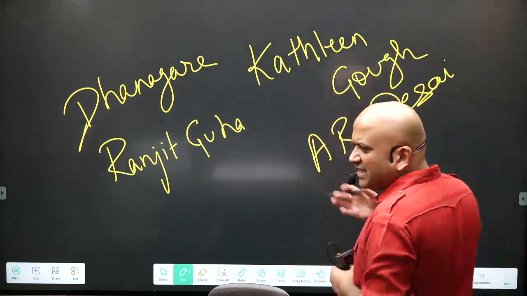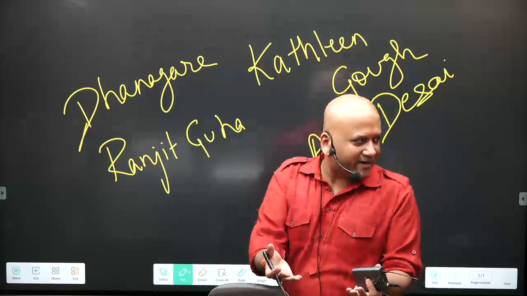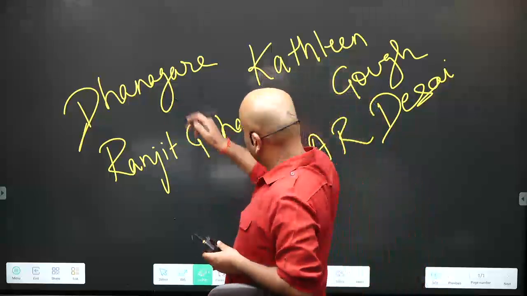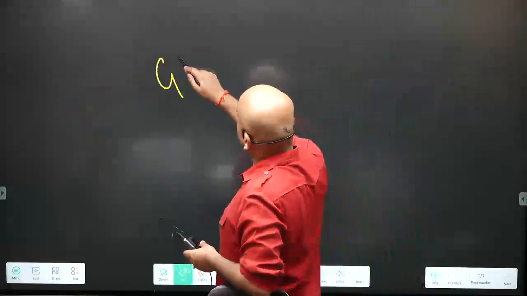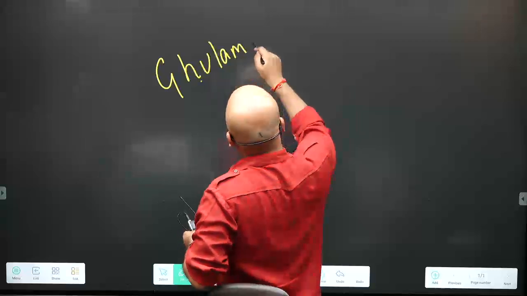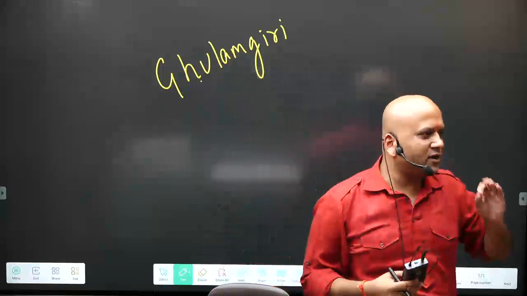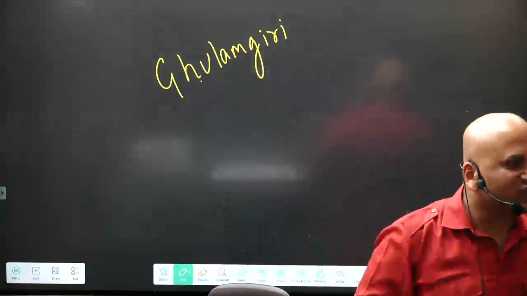Some of the lesser known ones I might explain in slightly greater detail. Gulamgiri literally means slavery. This was one of the first systematic critiques of the caste system. Ambedkar acknowledges Phule as his ideological predecessor.